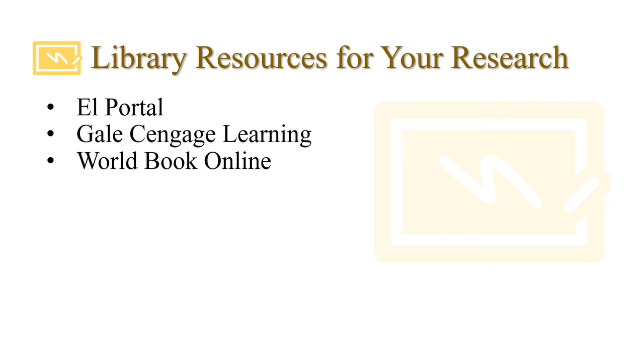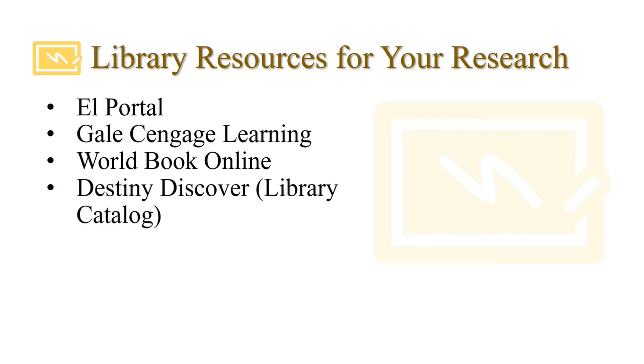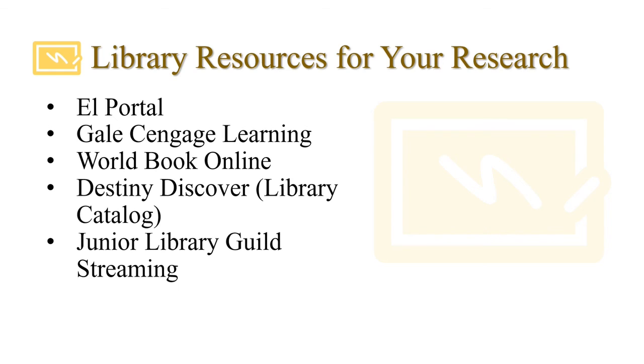There's World Book Online. This is our encyclopedia, so this may be a good start to get background information. We also have the Destiny Discover Library Catalog, where you can find many ebooks and reference books in the library very easily and quickly on your topics. And then we also have another ebook streaming service through Junior Library Guild, which offers a few limited titles of nonfiction.